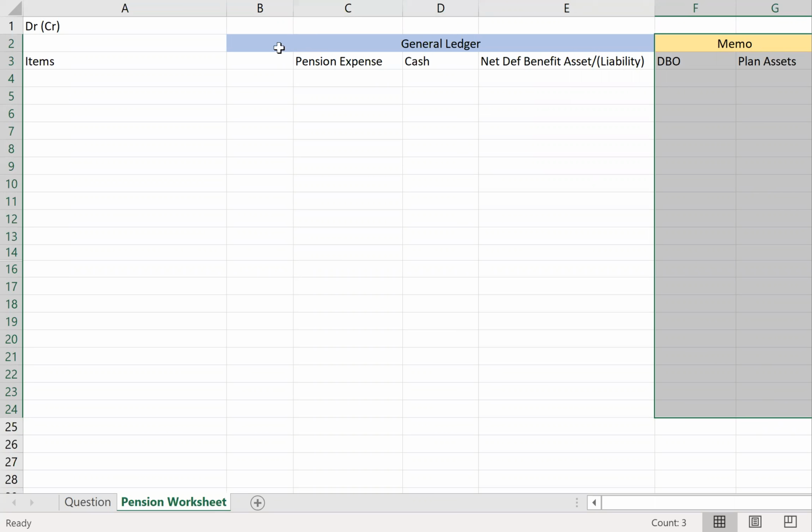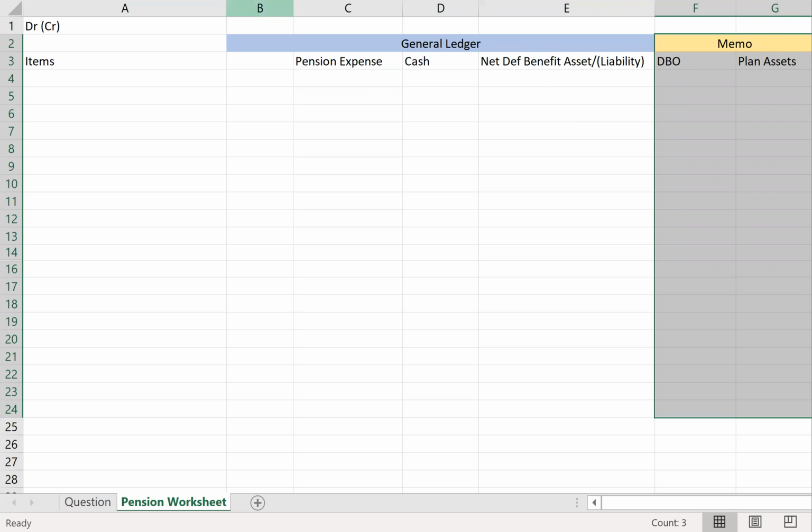The reason that the company needs to know what's going on in the plan is because the company is on the hook to make sure that whatever benefits have been promised to employees under this defined benefit pension plan actually take place. So any shortage in plan assets or any surplus as well can be recorded on the books and records of the company. So they need to know what's going on in the plan.